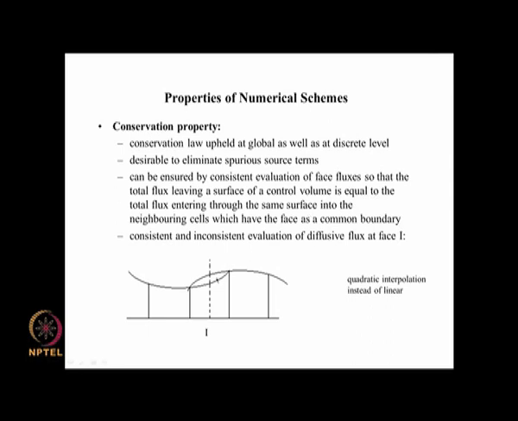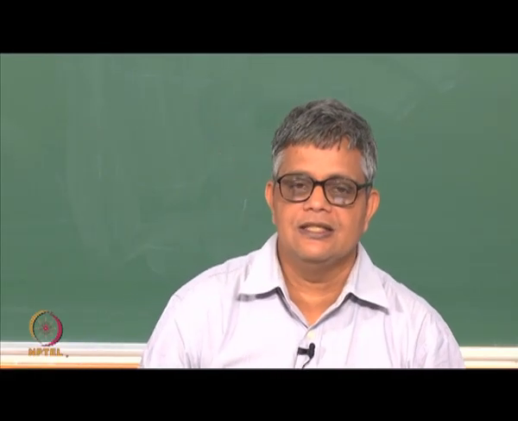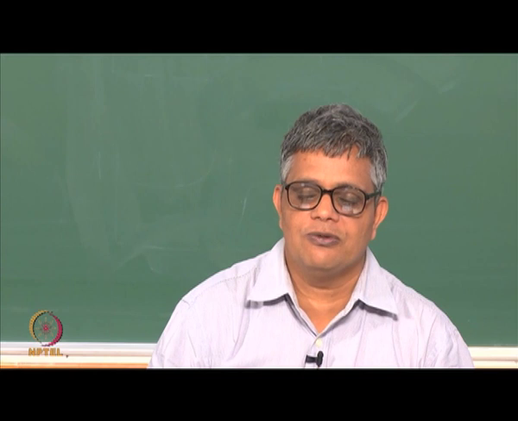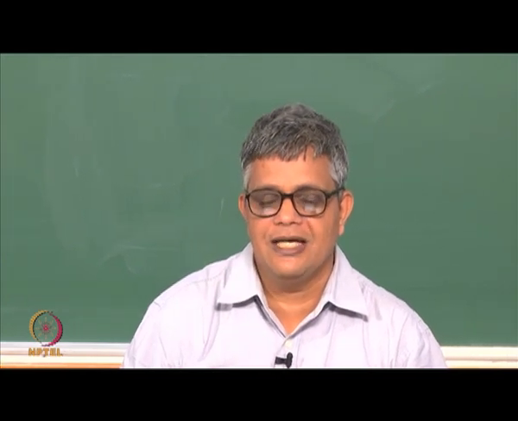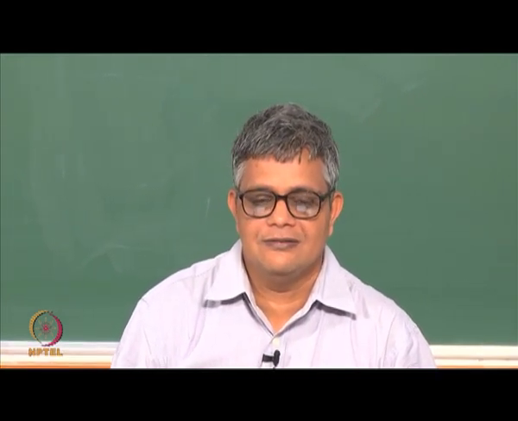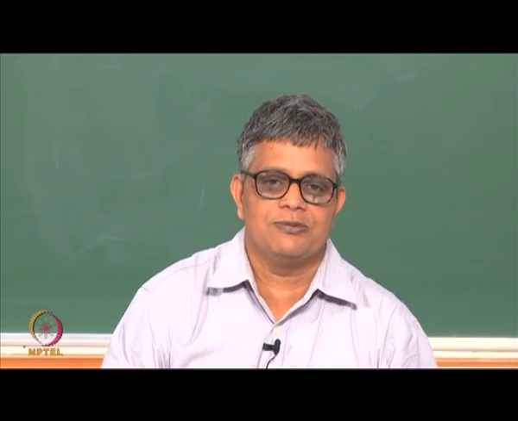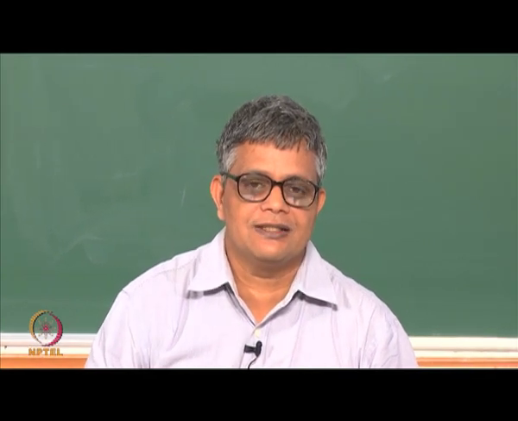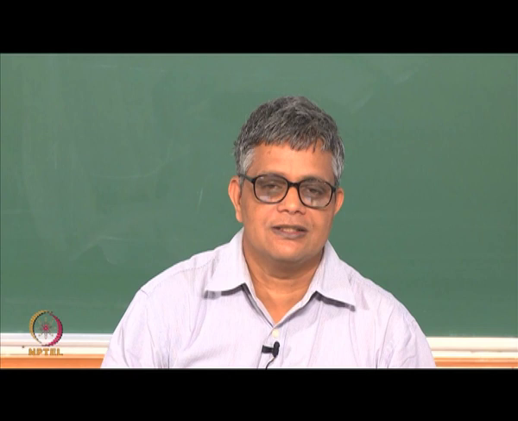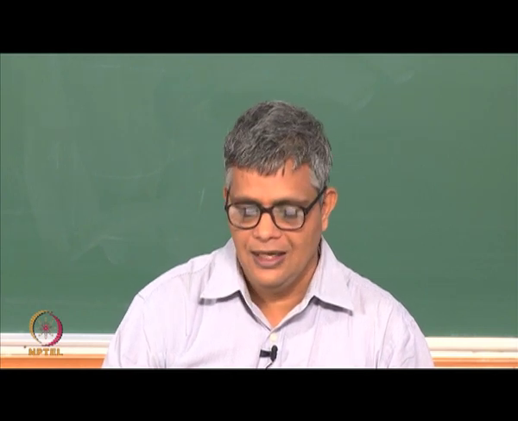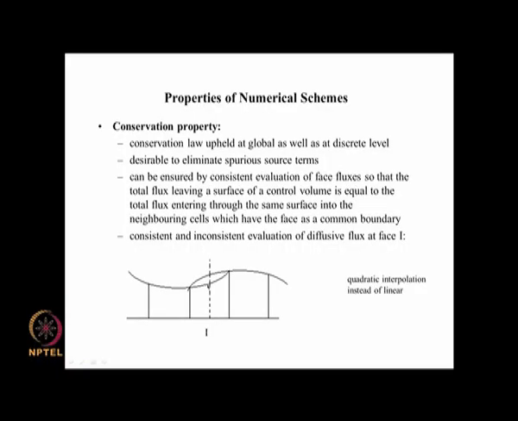Another property which is also very important is the conservation property. This is something that comes especially in the case of finite volume methods, where we express the terms in the scalar transport equation in terms of fluxes. We have a convective flux and we have a diffusive flux, and the diffusive and convective fluxes are evaluated at the faces of these control volumes.